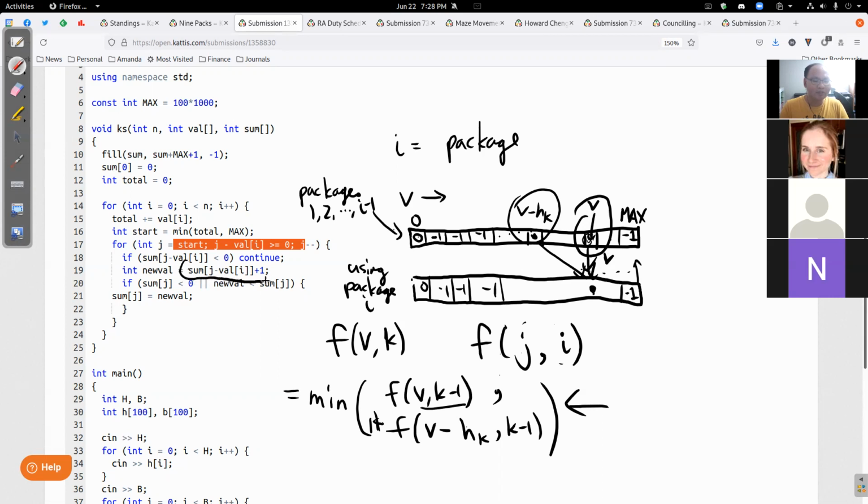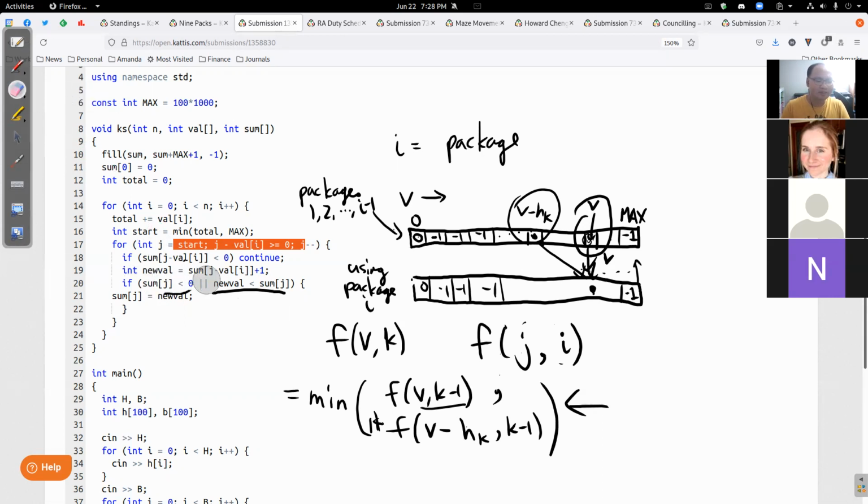I look at this entry plus 1, and if it's less than what's already here, then I replace it. Now, there's a little bit of trickiness here, because I use -1 as infinity. I have to say, if what I already have there is less than 0, that means it's -1, so it's kind of like infinity, or the value is less than what's already in here.